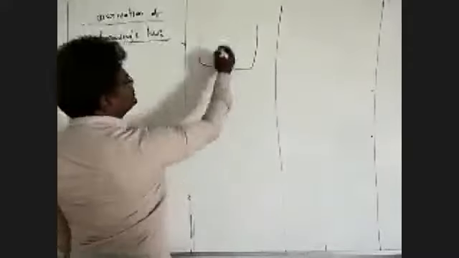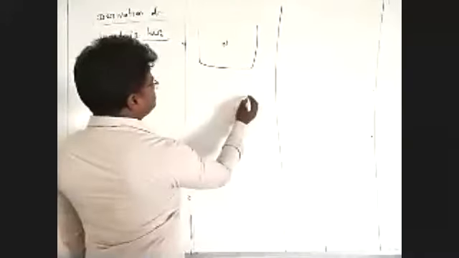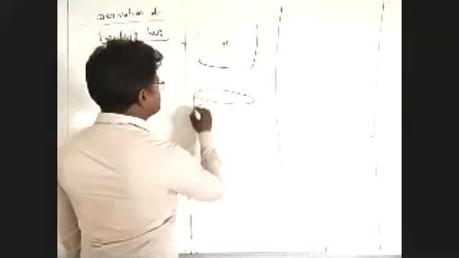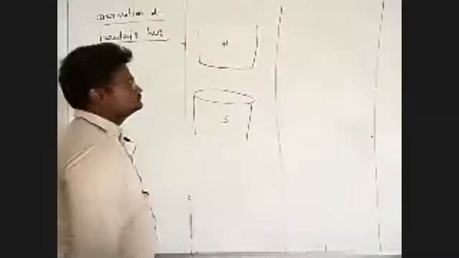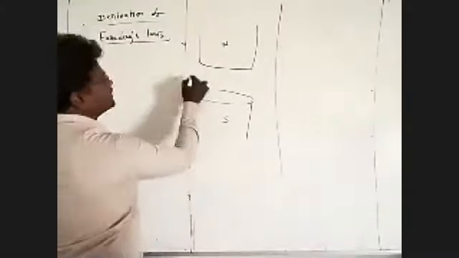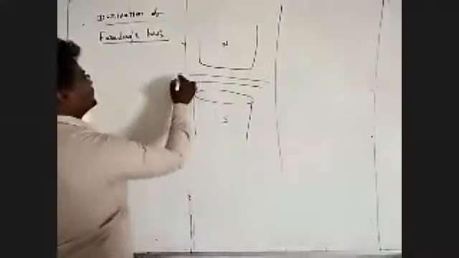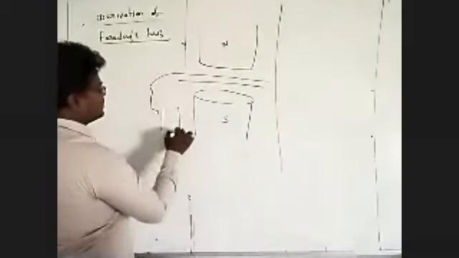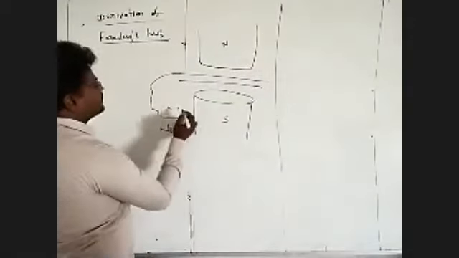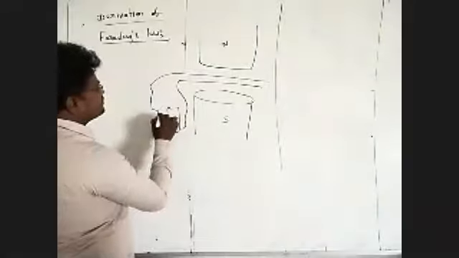Now, you will see this is a magnet. This is the north pole and this is the south pole of the magnet. I'm taking two connecting rods. One rod is connected to a voltmeter, and another rod is also connected to a voltmeter.